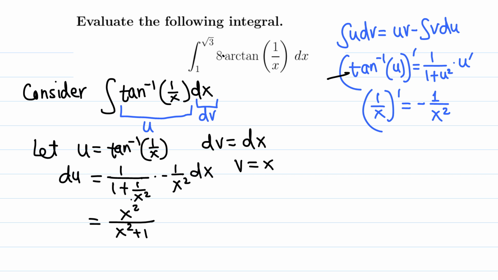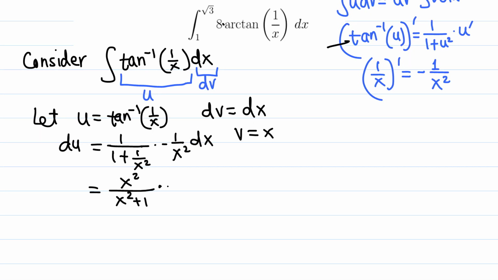Then multiply by -1 over x squared dx. Now the x squared on the top and x squared on the bottom can be cancelled. That leaves -1 over x squared plus 1 dx, with the negative pulled to the front. That is du, and v is x.